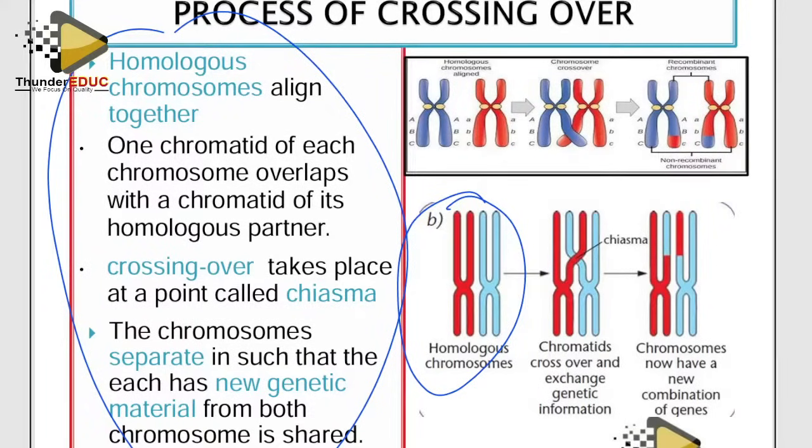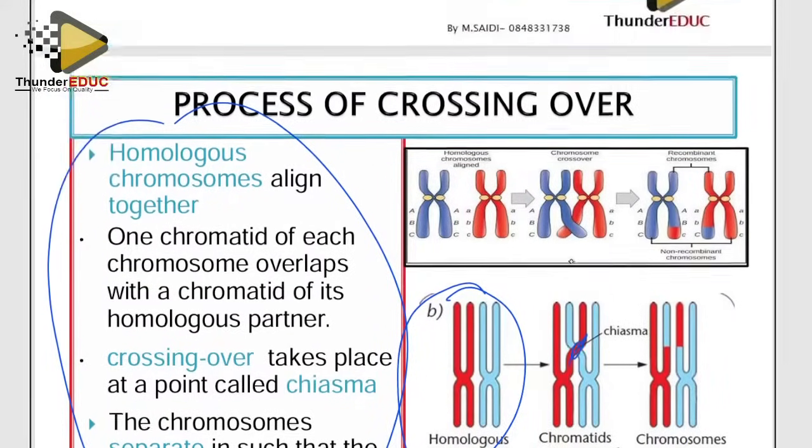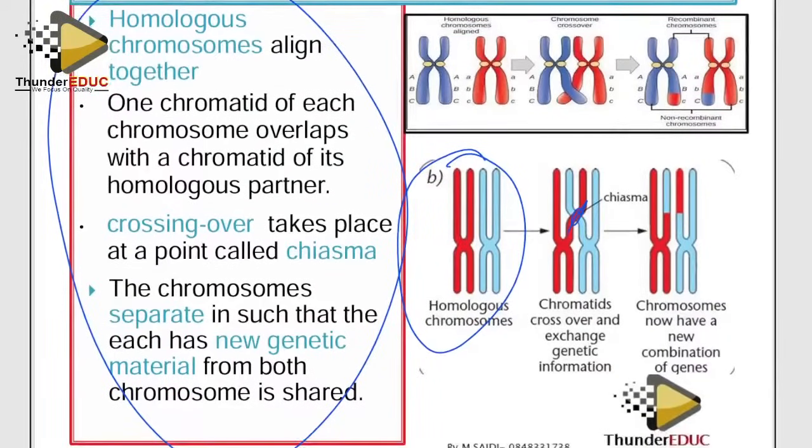Then the chromatids of these homologous chromosomes: one chromatid from each homologous chromosome overlapping is a marking point. But where do they overlap? At a point called chiasma. Is it clear? It is a marking point, so we give you another mark there.